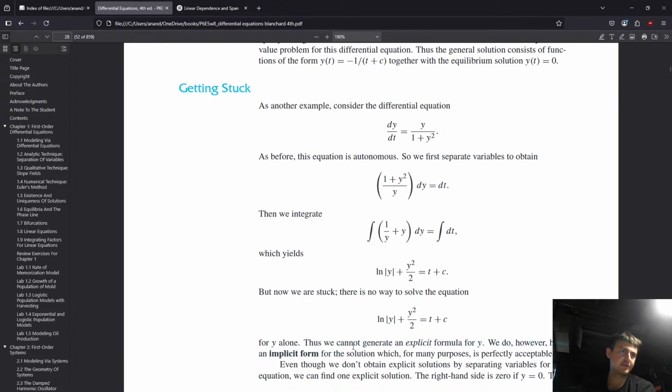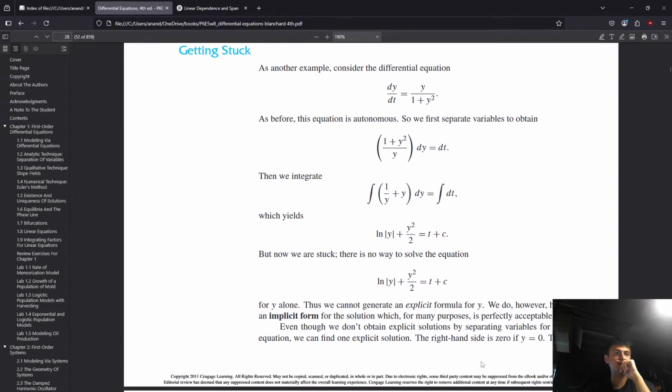Okay, alright, so then there's cases with only implicit solutions, which is fine. It's not the worst thing in the world if we have an implicit form for the solution.